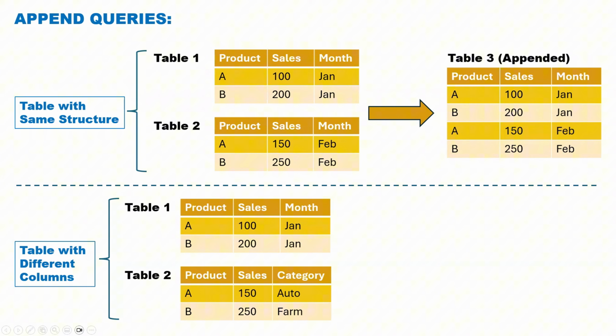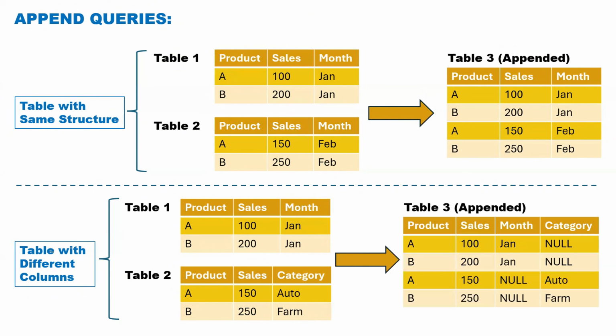Another one is tables with different columns. Sometimes the tables don't share the exact same columns. For instance, below the dashed line, both Table 1 and Table 2 contain product and sales columns, but Table 1 has a month column while Table 2 has a category column. When you run the append operation in this case, Power Query will create a new table that includes all rows from both tables.